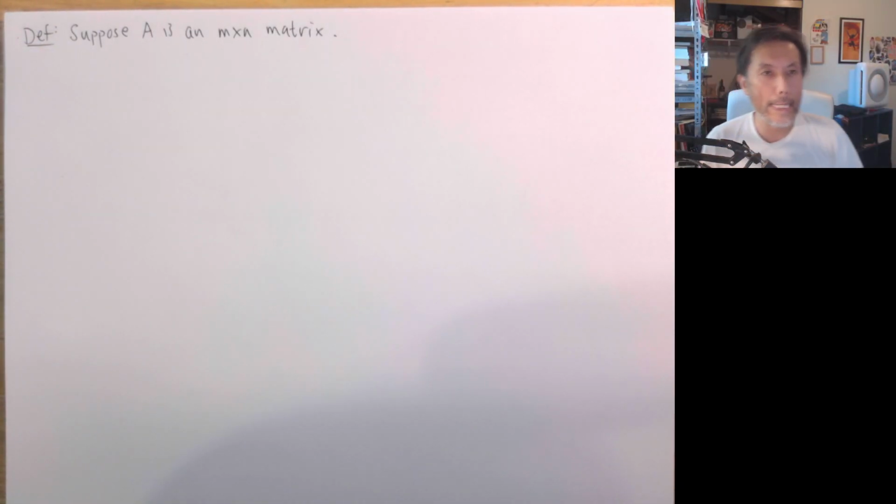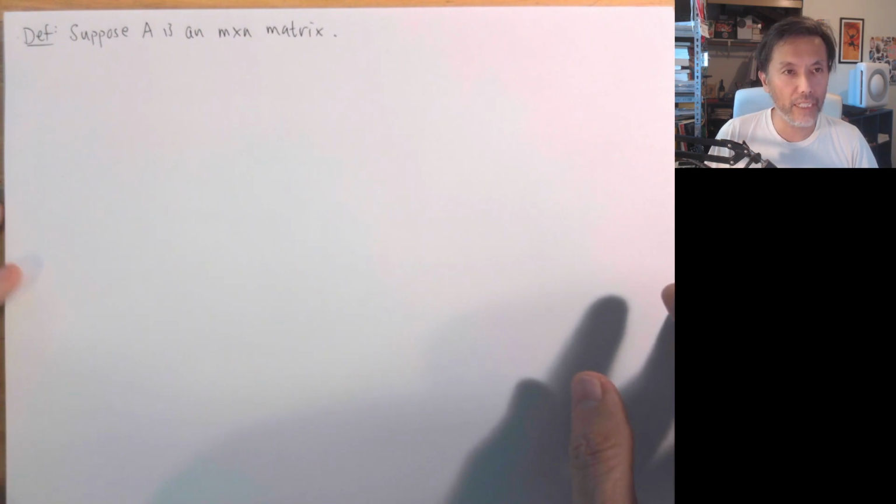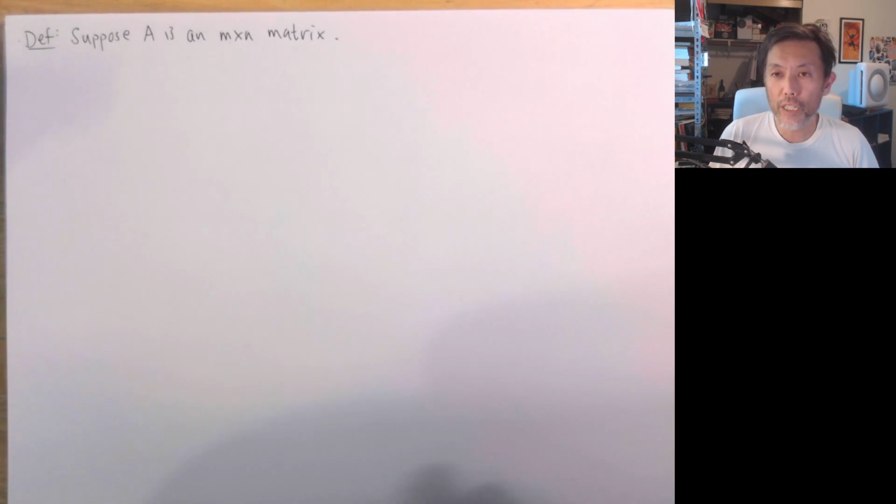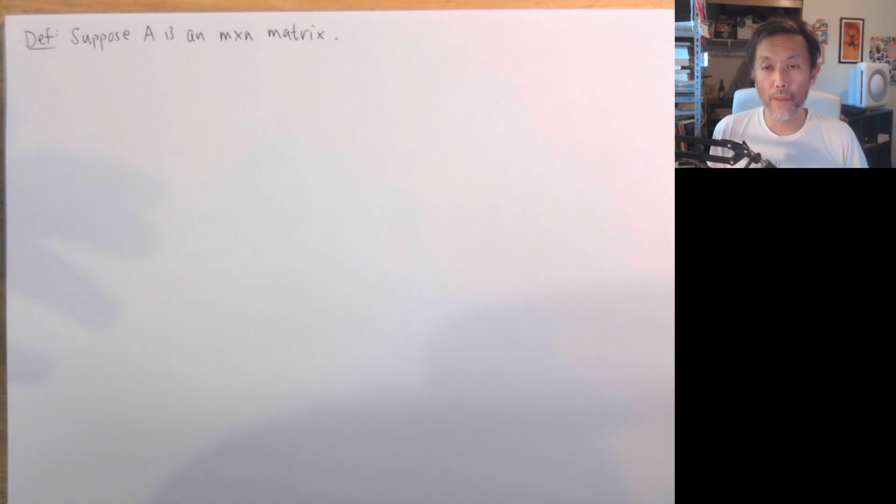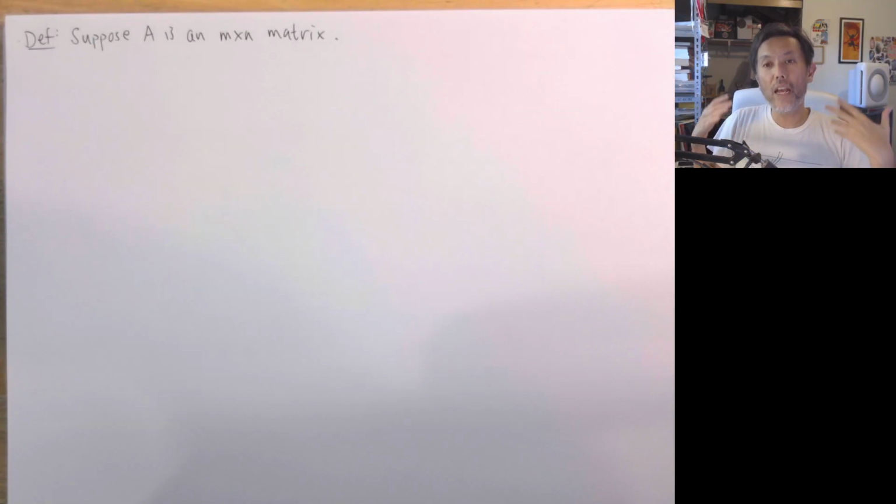M and N don't necessarily have to be different; they could be the same. Keep that in mind. Now that we have the terminology, we can talk about the vectors that comprise the rows and the columns as representing spanning sets for certain subspaces of Rm and Rn.